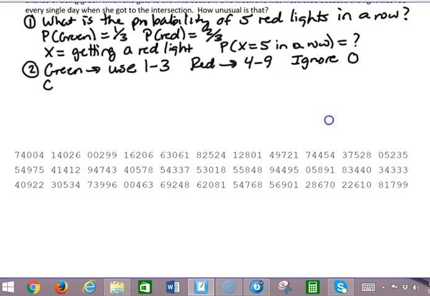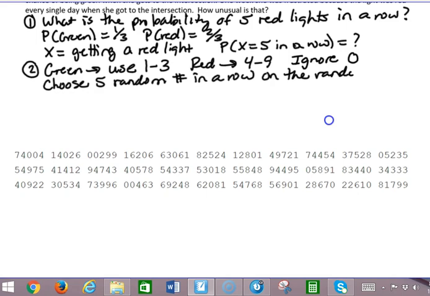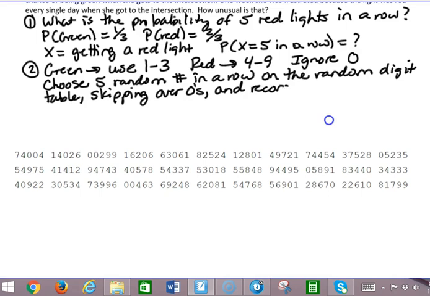And then I am going to choose 5 random numbers in a row on the random digit table, skipping over zeros, because I don't want zeros, and record the number of red lights.